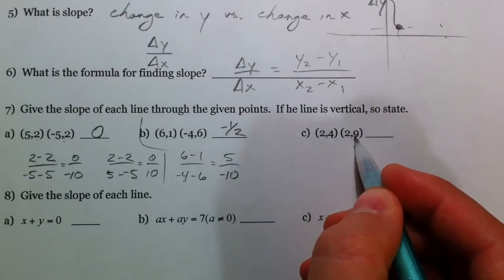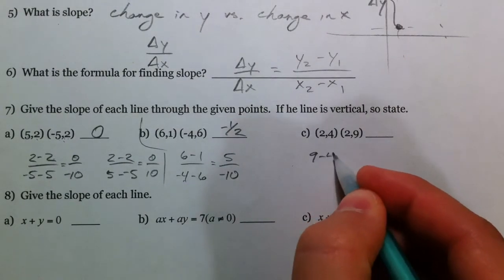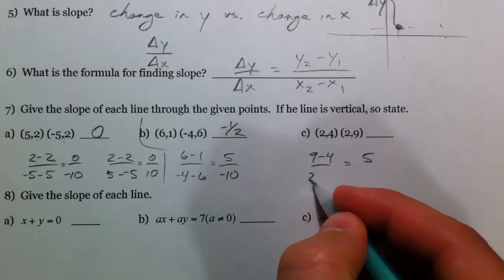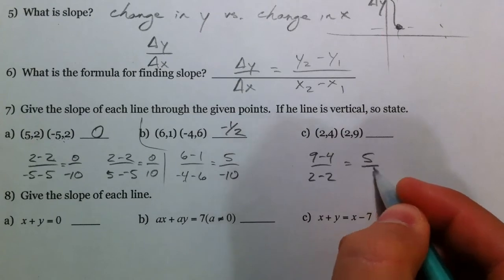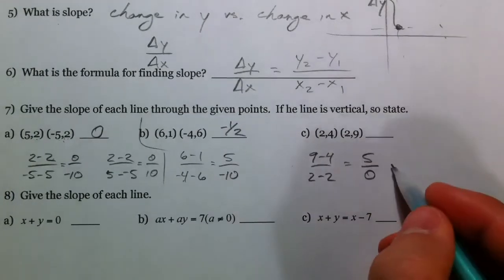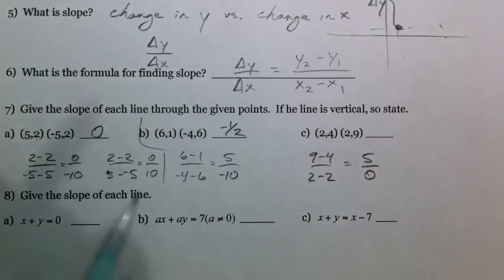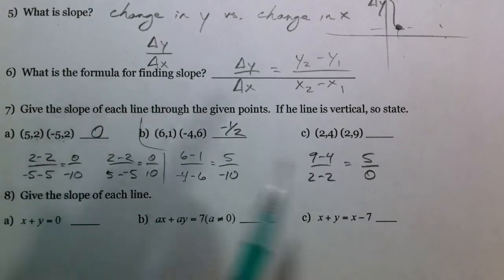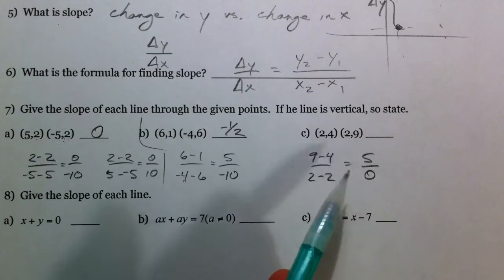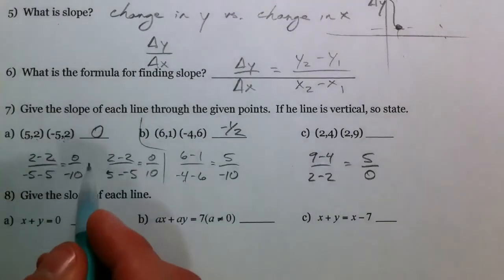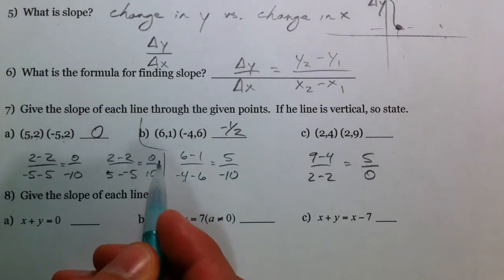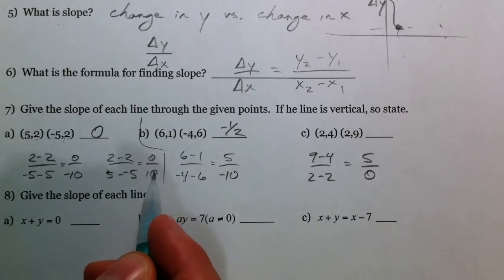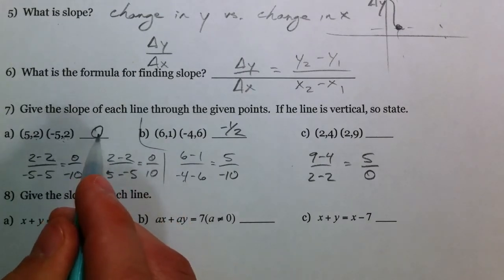This one, we've got a 9 minus a 4, leaving us 5, and a 2 minus 2, leaving us 0. So this is the trick, because 0 divided by 10 is 0, but we always get it confused with 5 divided by 0, and we need to keep it straight. If you start with $0 and you are so generous to share it with 10 of your friends, all of your friends are going to end up with 0.